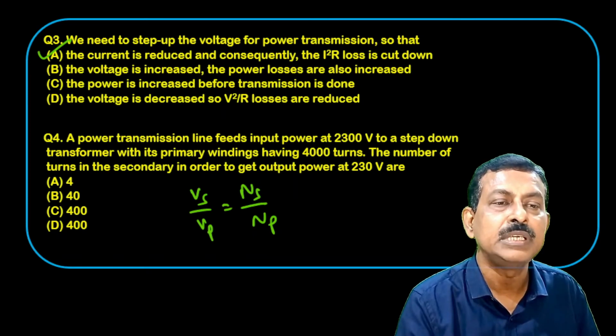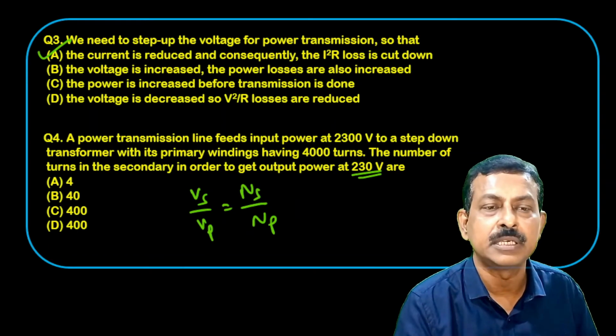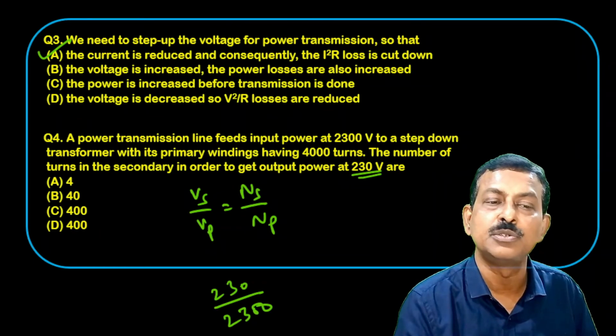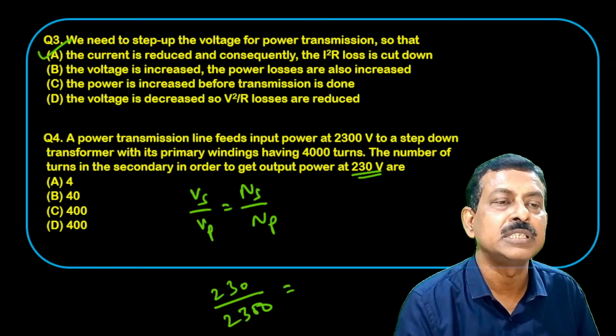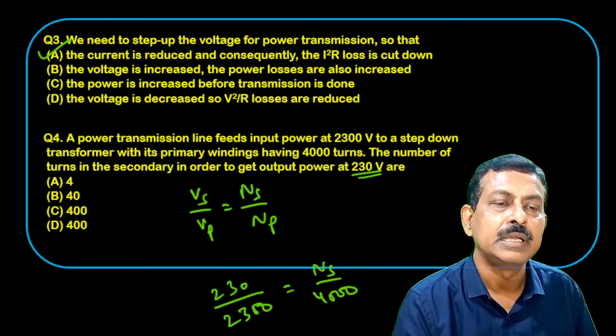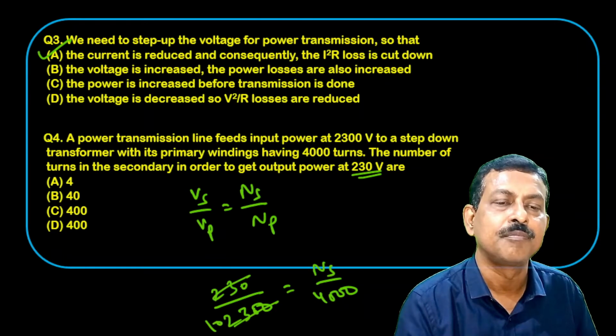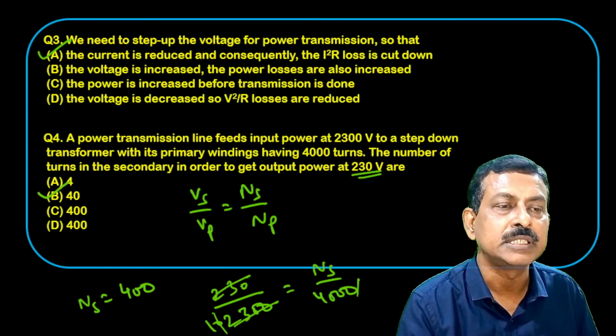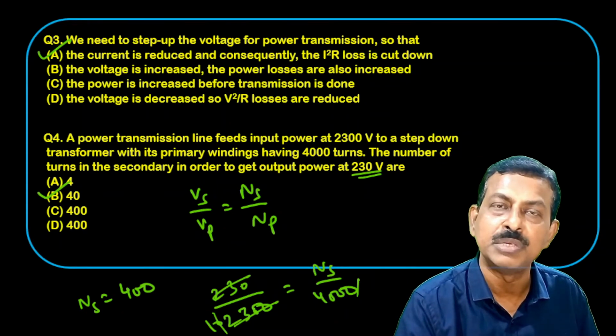So here we need the voltage output at 230 volt. So it is 230 divided by input voltage 2300. The number of turns in the secondary is asked and the number of turns in the primary is given as 4000. So here it is 1 by 10. So the number of turns in the secondary you will get as 400. That means the second one, or the B option, will be the correct one.